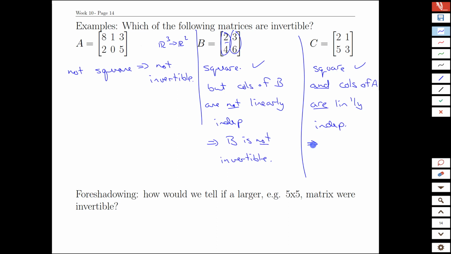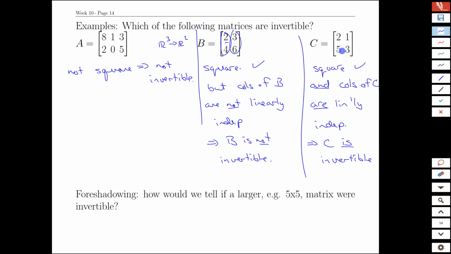That will mean that C is invertible. This is R2 to R2. If we imagine this as a transform from 2D to 2D, it'll map all the points in R2 to new points in R2, and we'll be able to undo that transformation.